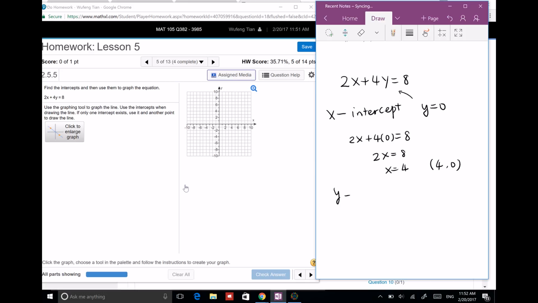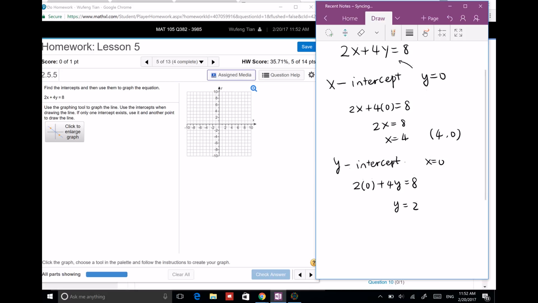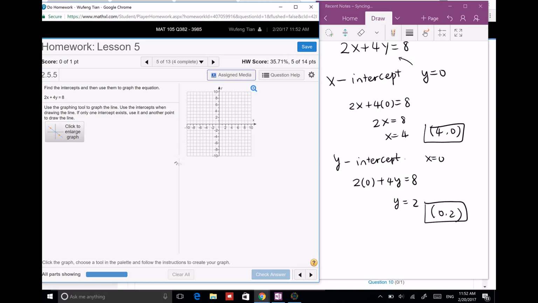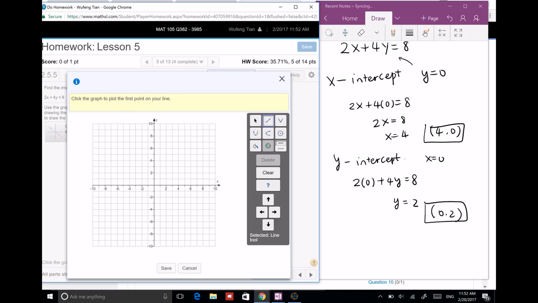Now we find the y-intercept, where x equals 0. So 2 times 0 plus 4 times y equals 8. This is 0 plus 4y equals 8 and y equals 2. The answer is going to be 0, 2. So this is the y-intercept, this is the x-intercept. Now we just graph these 2 points in the line, 4, 0 and 0, 2.